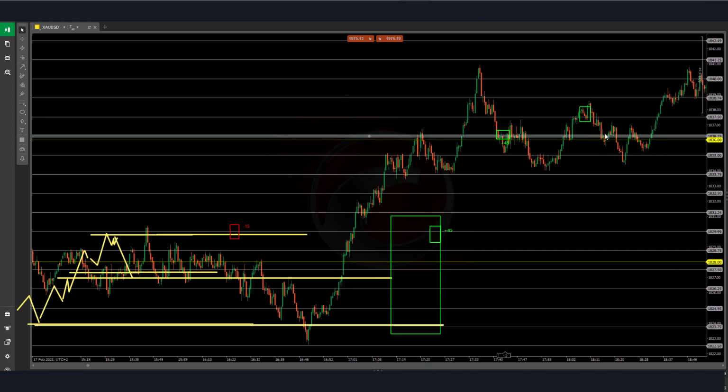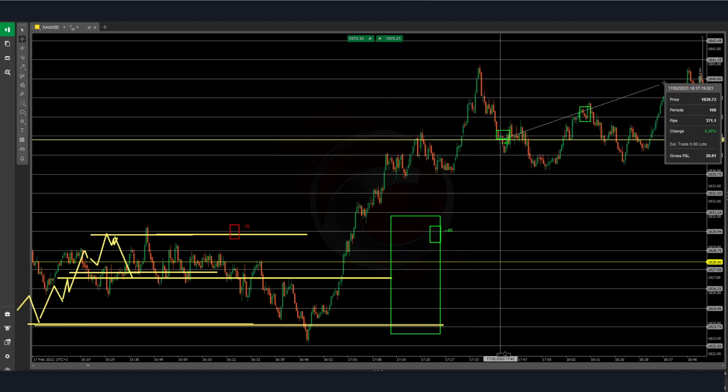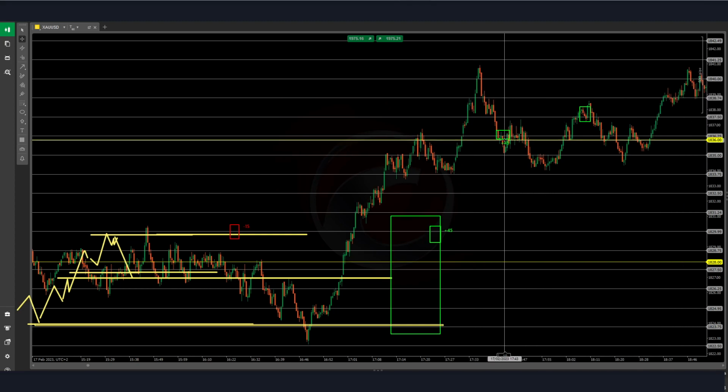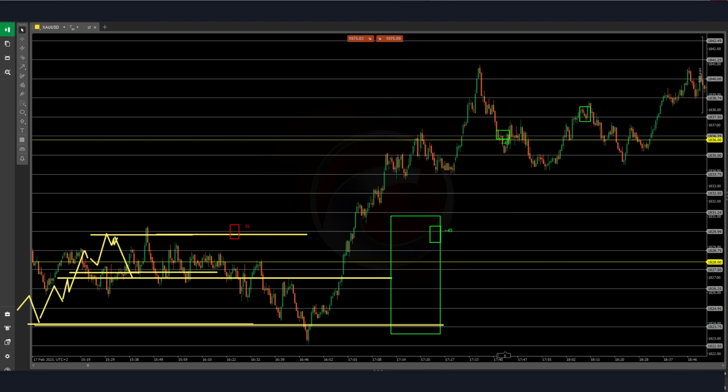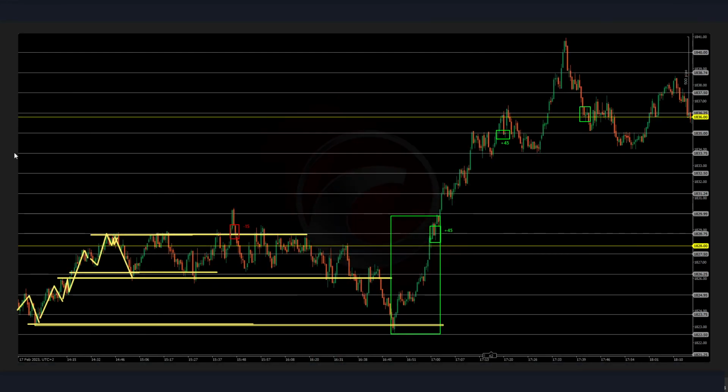It will go into profits. As you can see here, before that, it will make a new low to these previous lows. Really being sketchy, but yeah. Minus 15, and that's it.